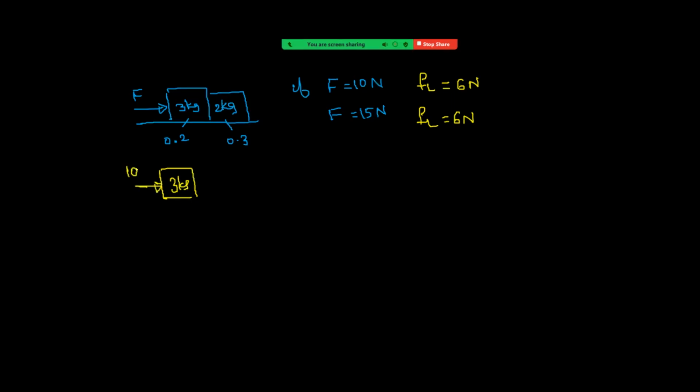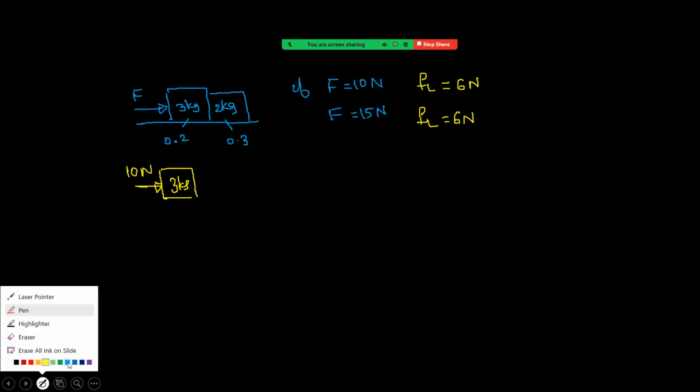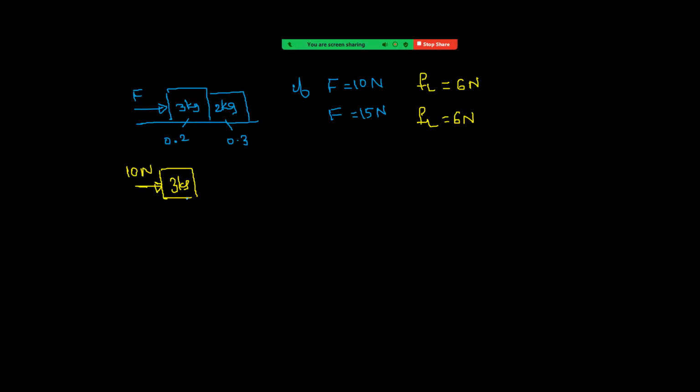This is the 10 Newton applied force. At this contact the limiting value is 6, towards the left side. But you can see this is not able to balance 10. So the remaining is the force by the 2 kg block on the 3 kg block. Let us take it as N.